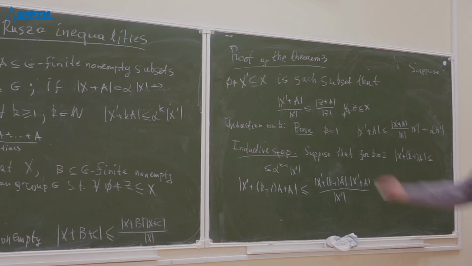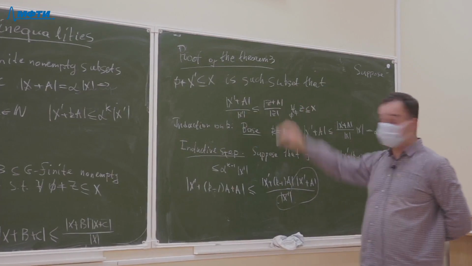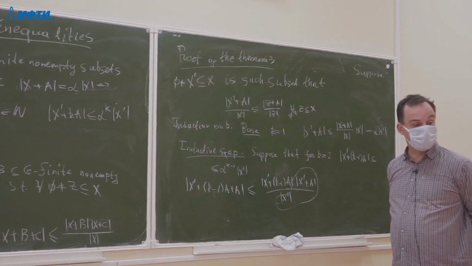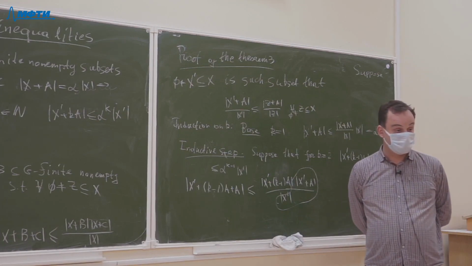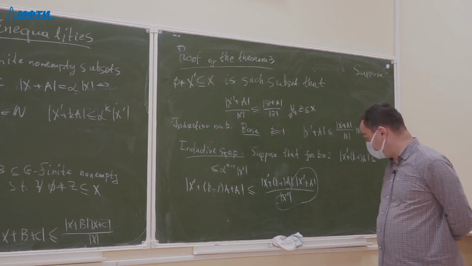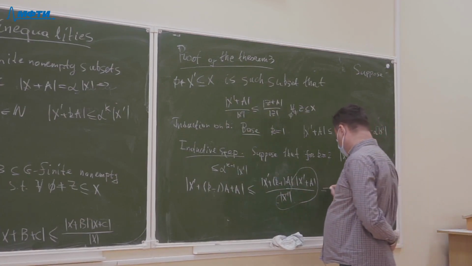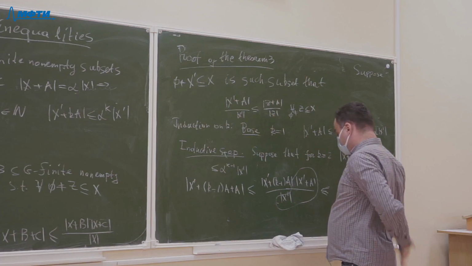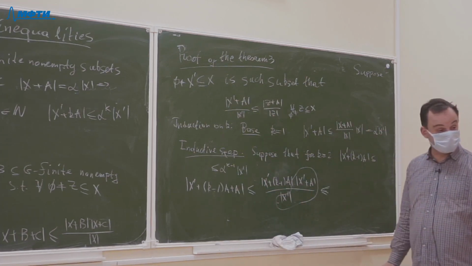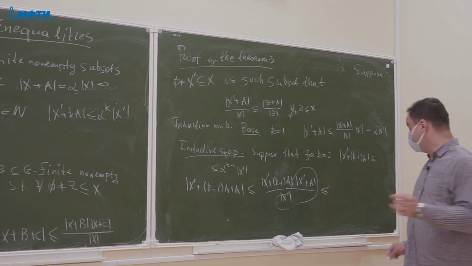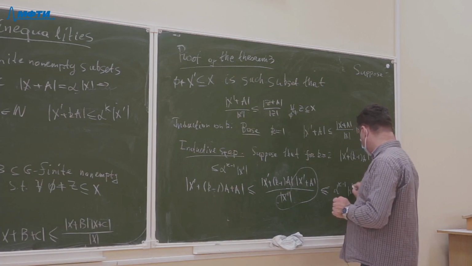Look here, x prime plus x divided by x prime is at most z plus a by z for any subset z. We can substitute here anything, so we substitute here x. For this part we apply the inductive supposition, so alpha to the k minus 1 by x prime.